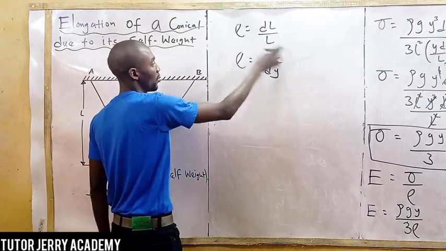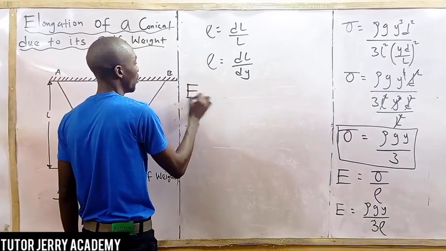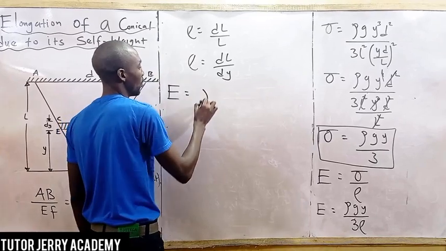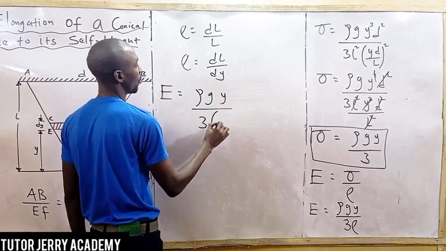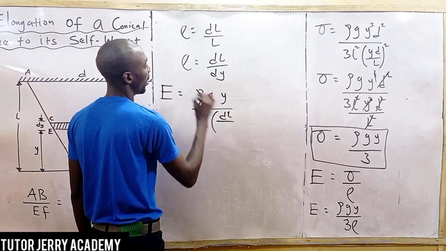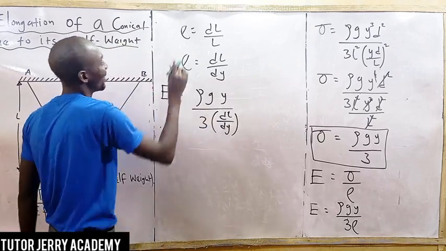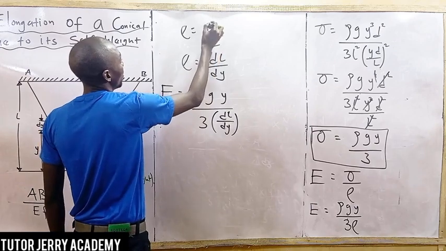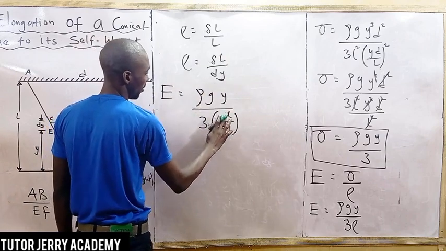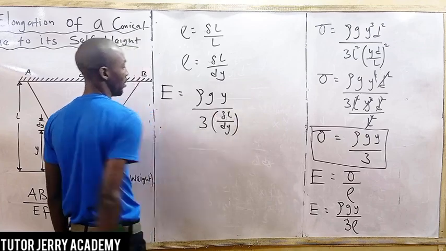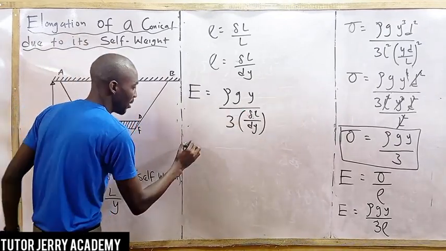If I substitute this in this place, I'm going to have my modulus of elasticity equals to density, gravity, y all over 3 into dL all over y. Let's open the bracket first.